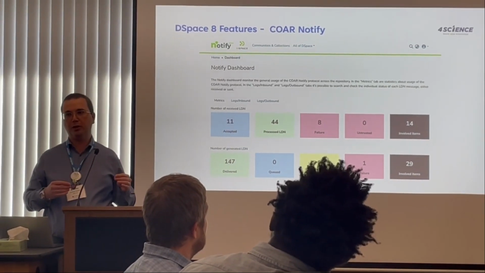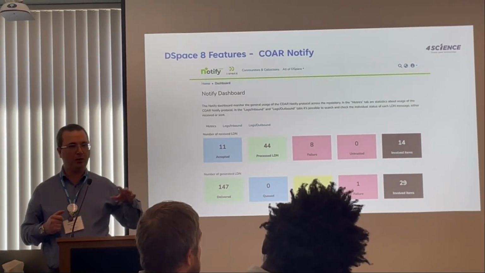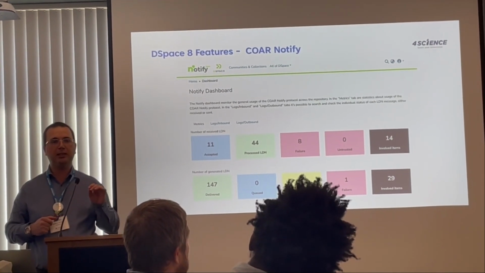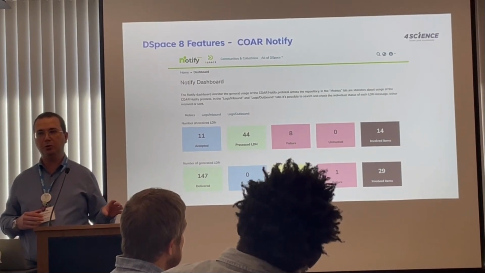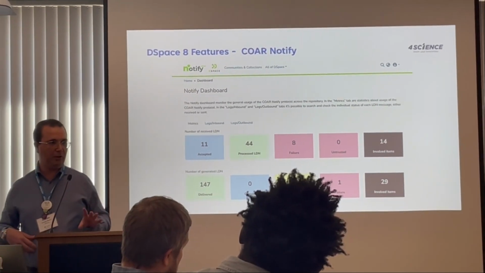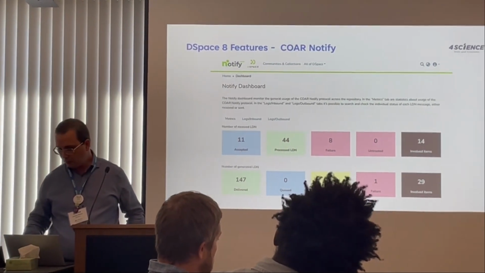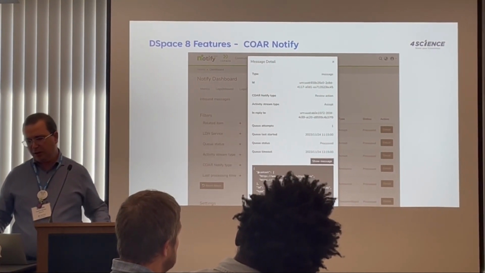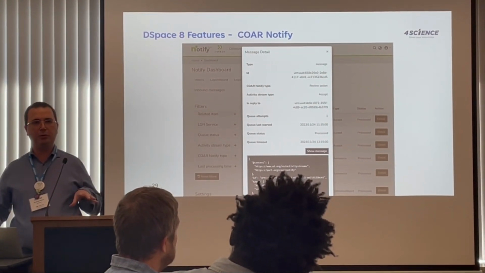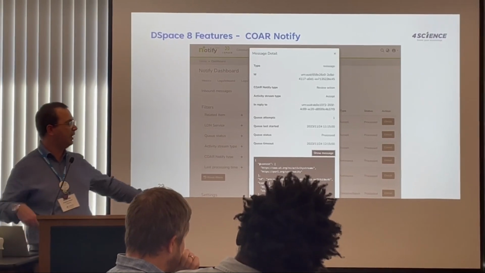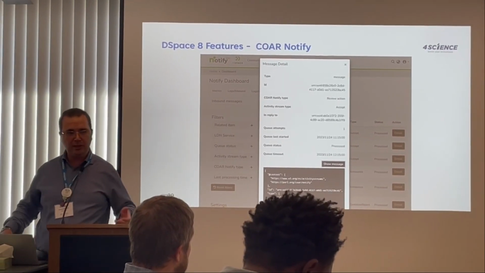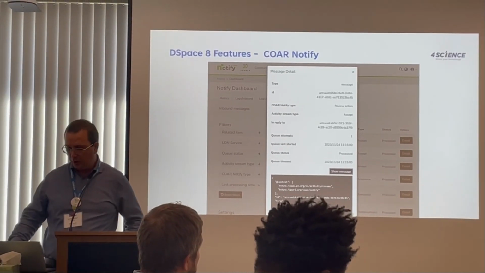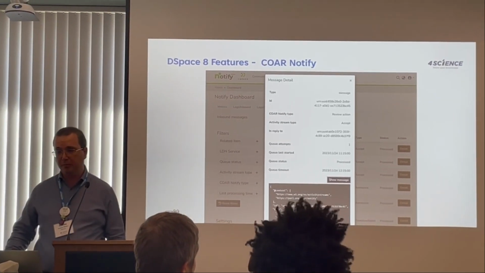We want to be sure that if you receive tons of messages, they are processed at the speed that your repository is able to manage, without being overwhelmed by all these messages. And you can go to see the detail of each individual message. So you can see the exact content of the JSON linked data that is the payload of this message.